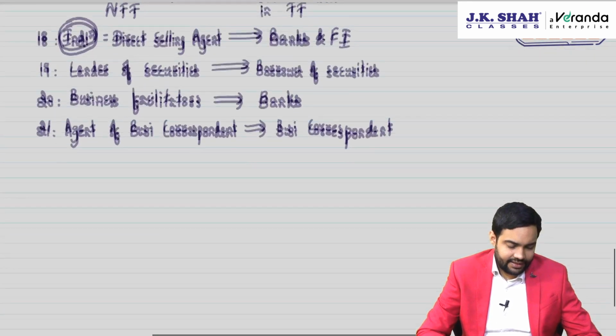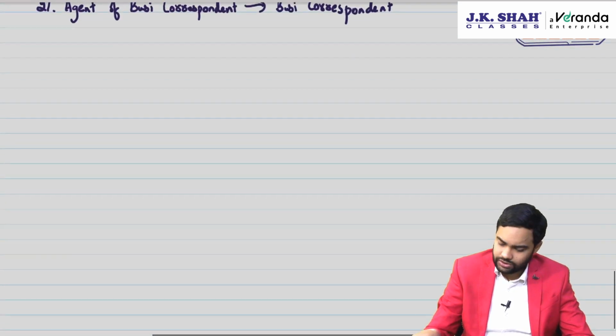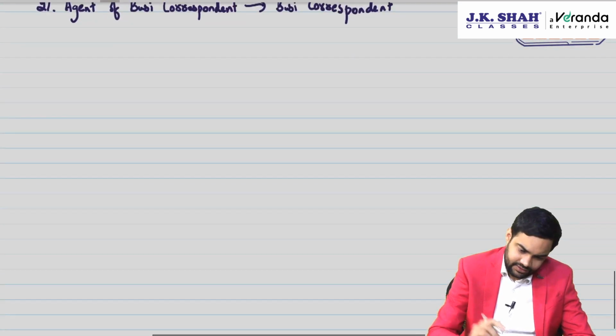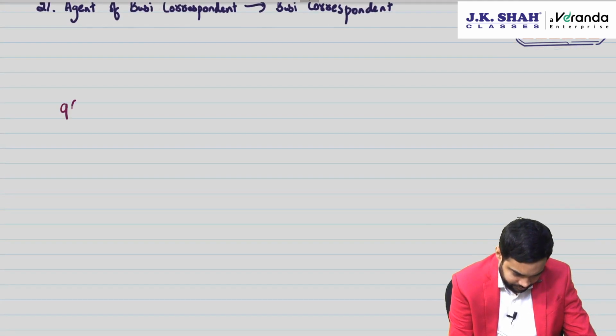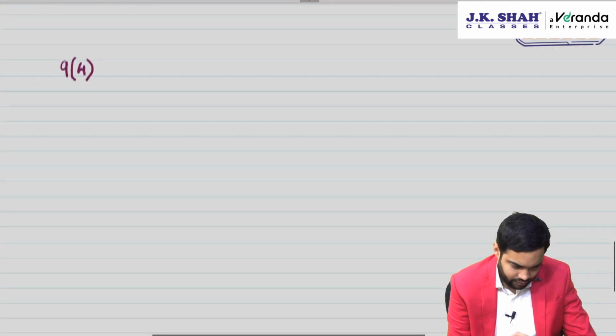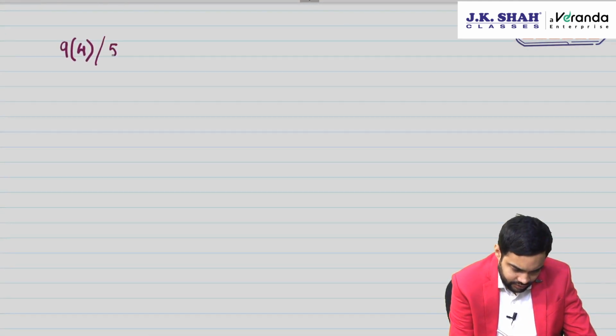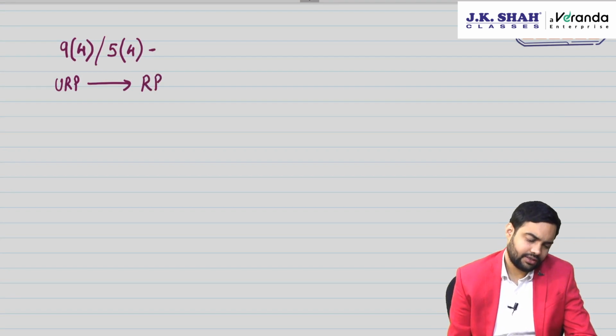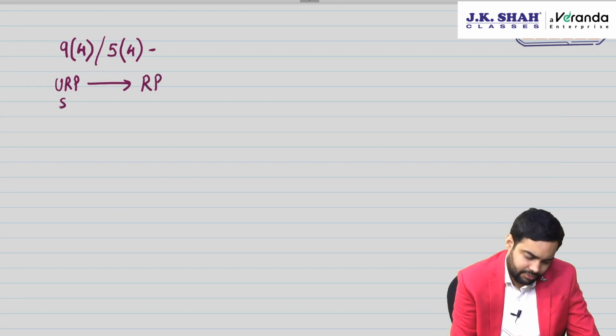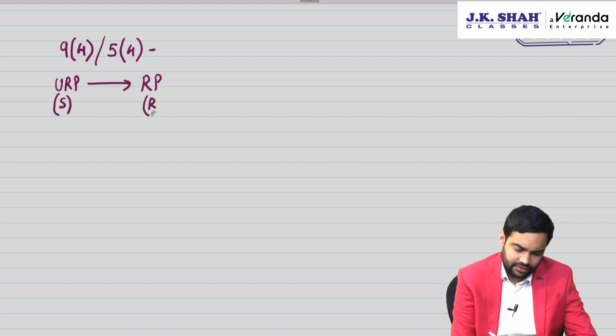Okay. Now coming to two small discussions. 9(4), notification 4/2017. Now here a combination has to be met. Supplier should be an unregistered person while recipient should be a registered person.